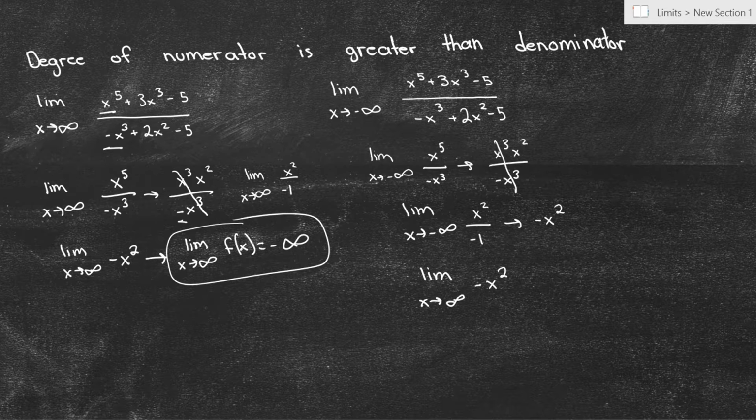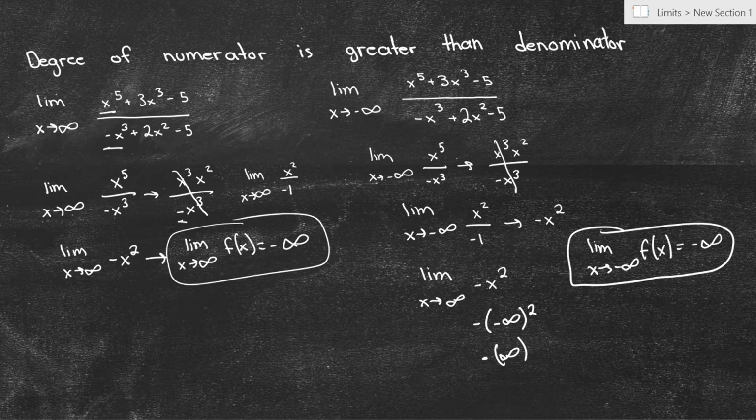If we take negative infinity, negative infinity squared is going to give us a positive infinity inside the parentheses, but then we still have this negative out front. So the limit as x approaches negative infinity would still be negative infinity. f of x equals negative infinity.